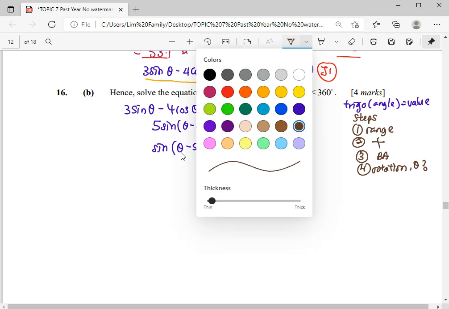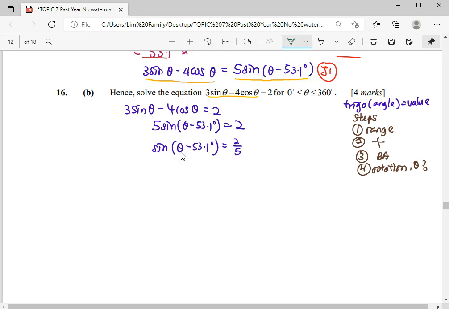Regarding our question here, first for the range. The range we are solving for is theta between 0 and 360. But the angle in this trigo expression here is not theta. So I have to follow my situation. My situation is theta minus 53.1. So 0 minus 53.1 will be a negative angle.